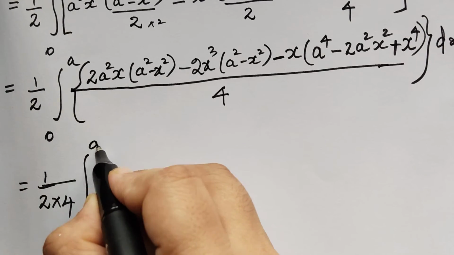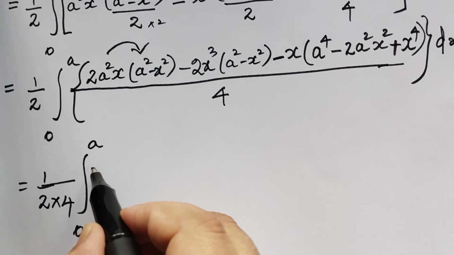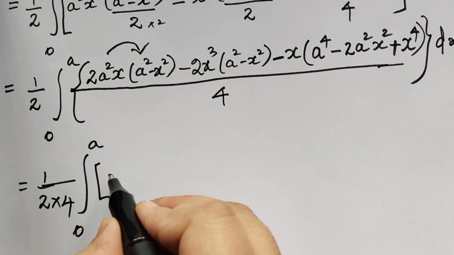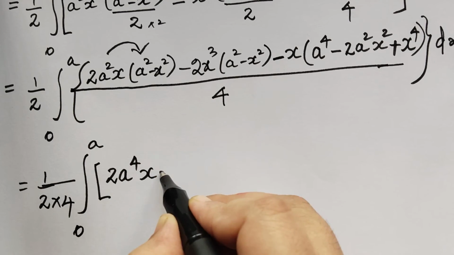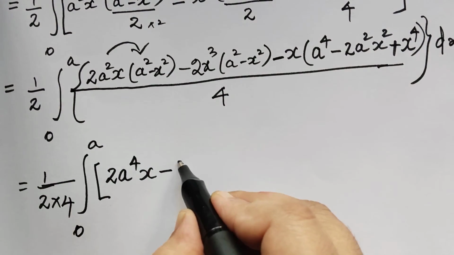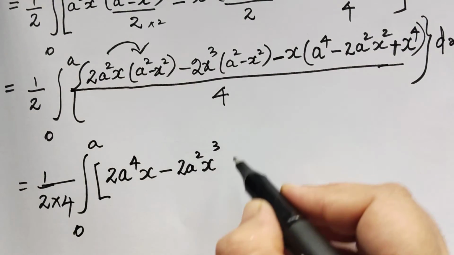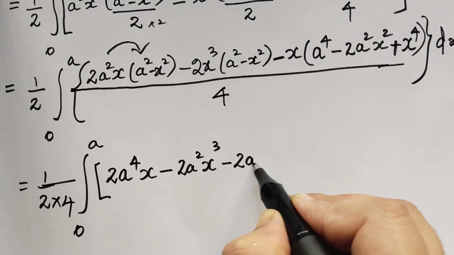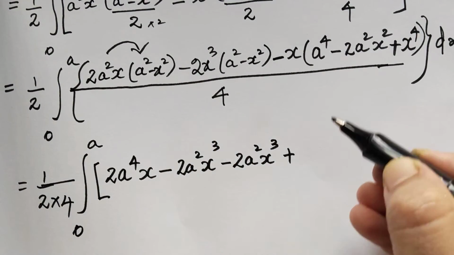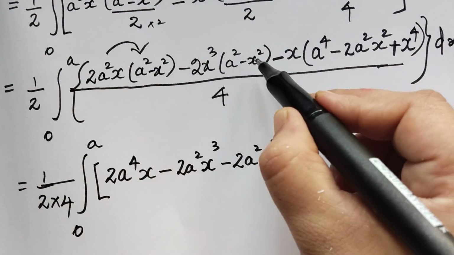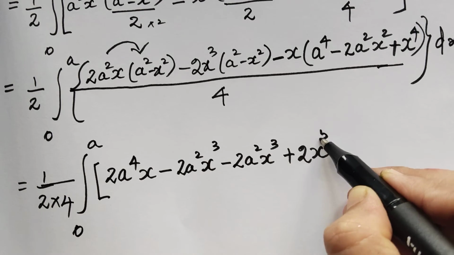Integral 0 to a. Now we will multiply the terms within the bracket, and so we will be getting 2a square into a square, a power 4 x, minus 2a square x multiplied with x square is x cube, and here minus 2a square x cube. Minus into minus becomes plus, and then 2x cube multiplied with x square will give us 2x to the power 5.